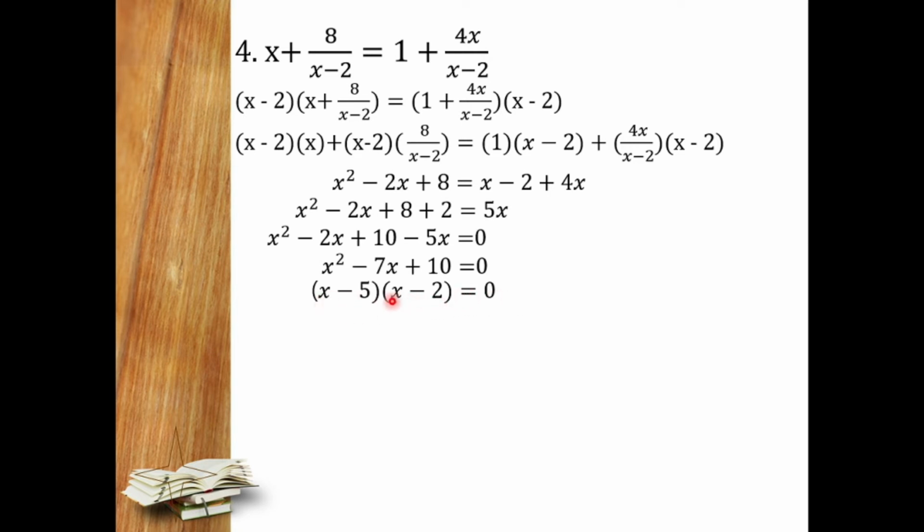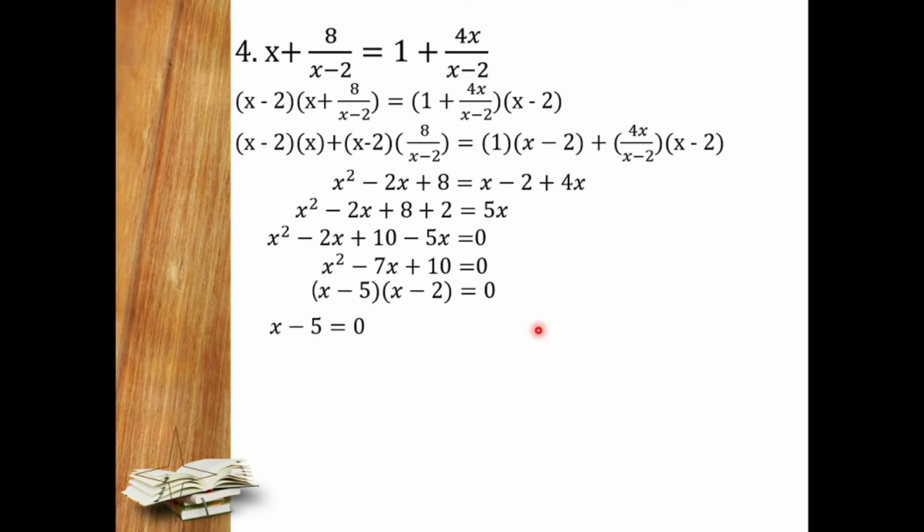So, check natin. X times x is x squared. X minus 2 is negative 2x. Negative 5 times x is negative 5x. So, that makes negative 2x plus negative 5x equal to negative 7x. Then, negative 5 times negative 2, we have positive 10. Okay? So, apply natin yung ZPP or we simply equate each factor is equal to 0.